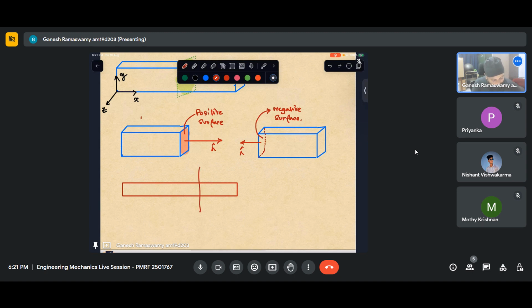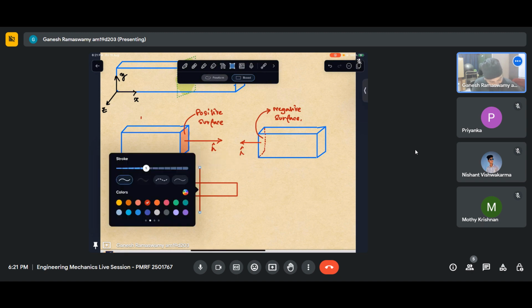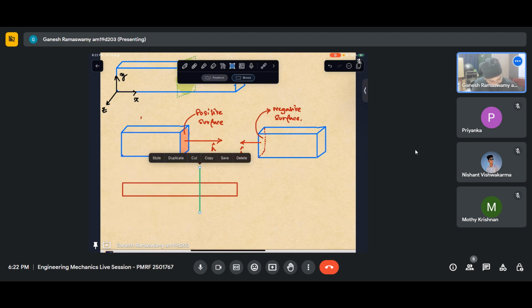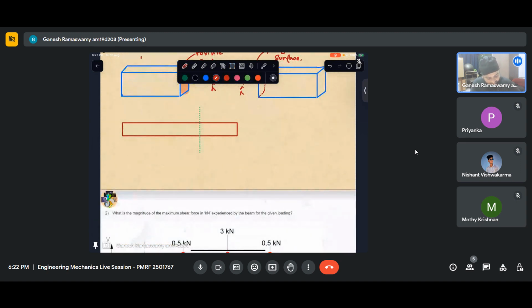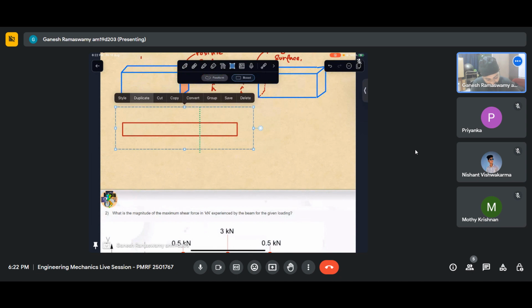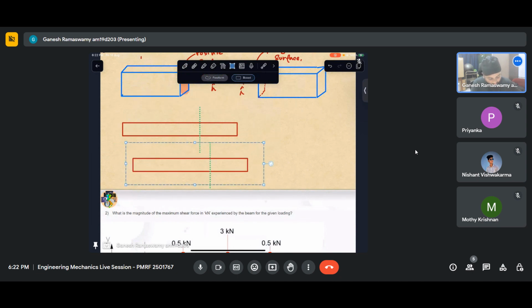The section which I cut will be this, and I will be exposing two surfaces here. This I'll erase.